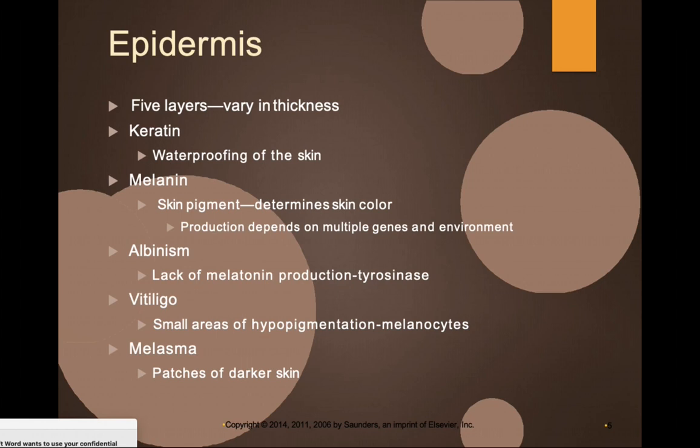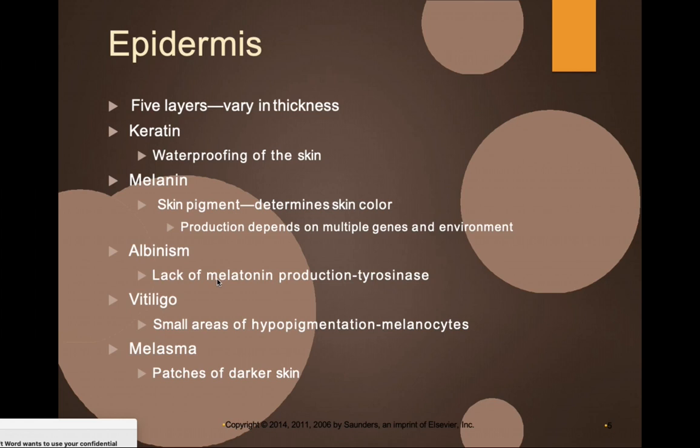If you have an issue where you have missing melanocytes in specific parts of your skin, then you're going to have lighter areas or hypopigmentation. They call that vitiligo. If you have an inherited decrease of tyrosinase, and tyrosinase is the enzyme that helps us produce melanin, there's a little bit of a typo here.